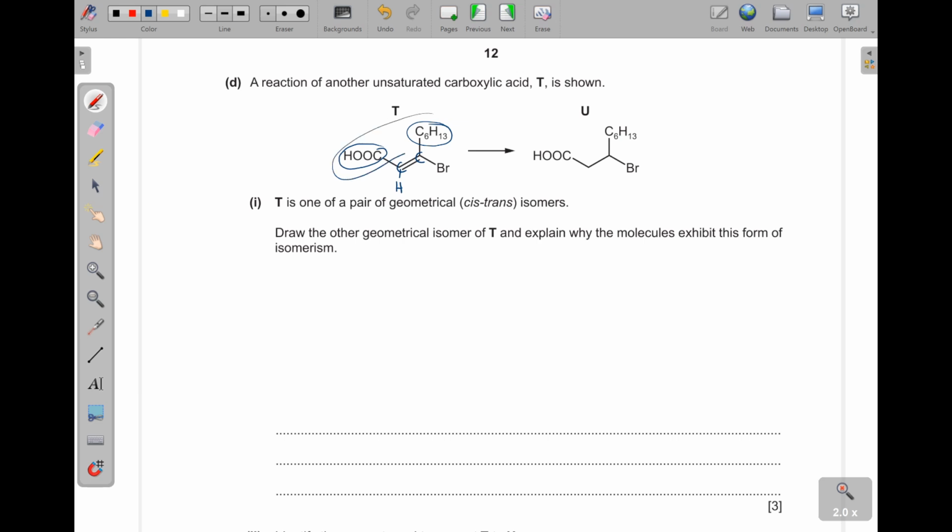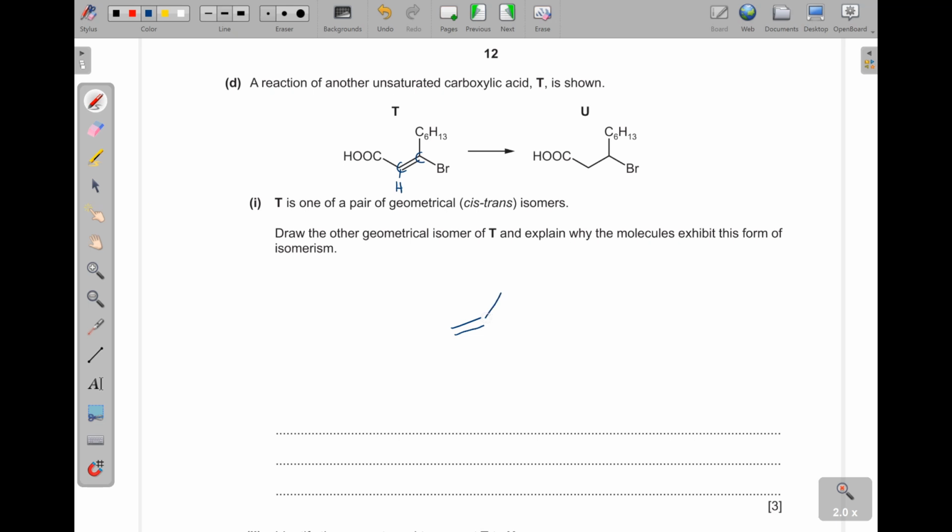So if they are on the same side, then that is cis. Then the smaller ones on one side, that is also cis. And then if I get this smaller one here and this other smaller one here, then take this bigger one here. In other words, you have a big one this way and a big one down here, or smaller here, smaller here. So something like that. Then that one will give us the trans. So this one is the cis. Then my trans is going to be, I'll put this double bond here.